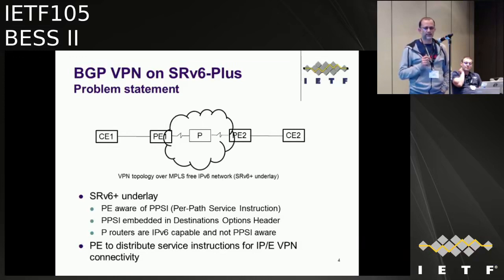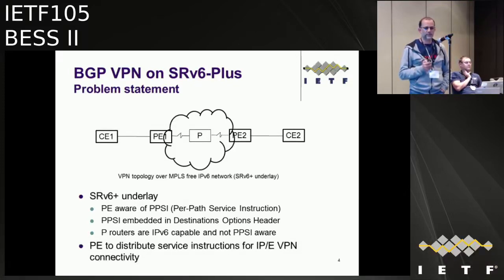What it does is at the PEs, PE1 and PE2, they allocate the PPSI, and that is used for identifying which particular CE you need to send it to. The PPSI is embedded in the destination options header in the IPv6 tunnel. And P routers are pure IPv6 capable, and they are not PPSI capable. So the PEs distribute the service instructions, whether it is IP or EVPN NLRIs.